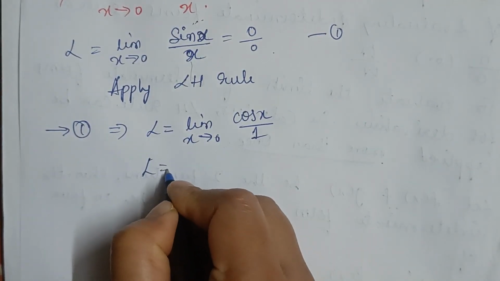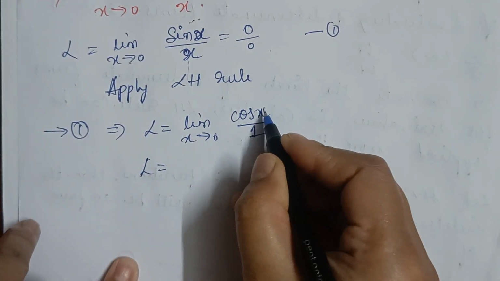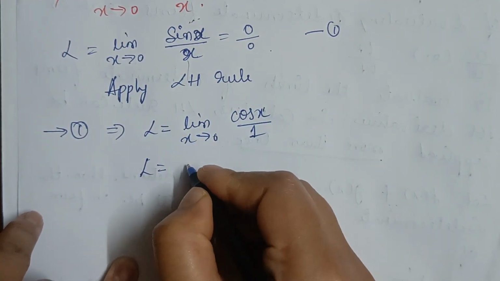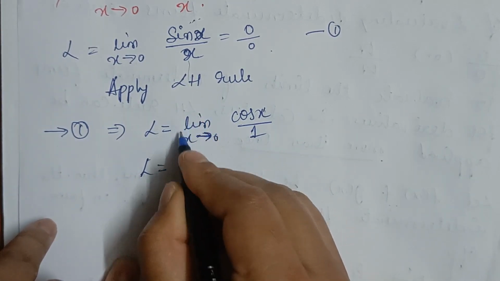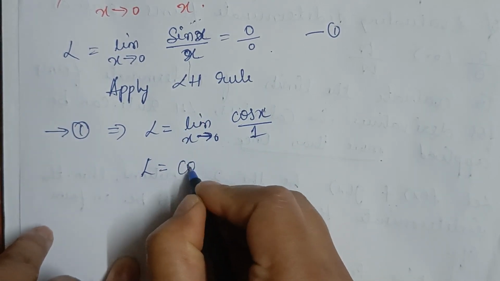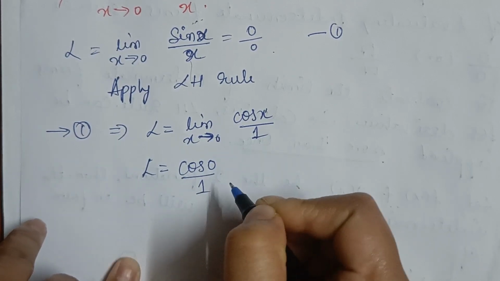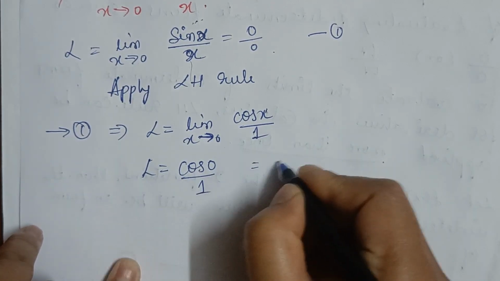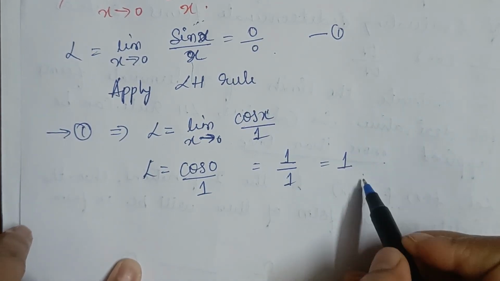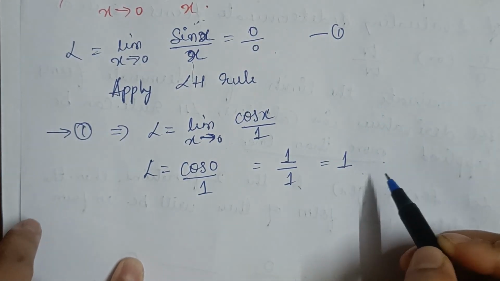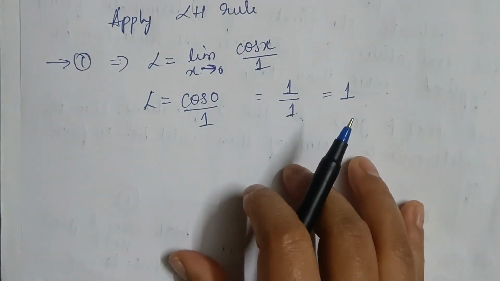Now L is equal to, I will just apply the limits. When we apply the limits, we do not write limit x tends to 0. So it becomes cos 0 by 1, which is equal to, what is cos 0? Cos 0 is 1, divided by 1, which is equal to 1. We got some determinate value. 1 is a determinate value, correct?